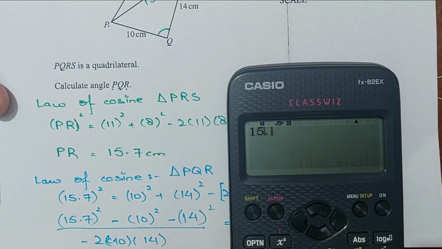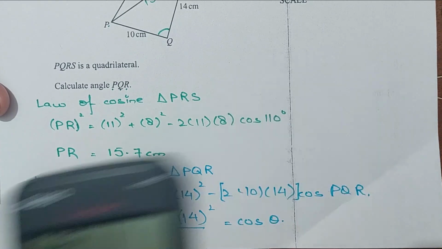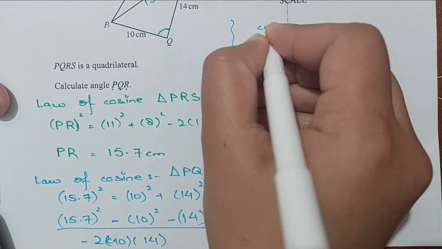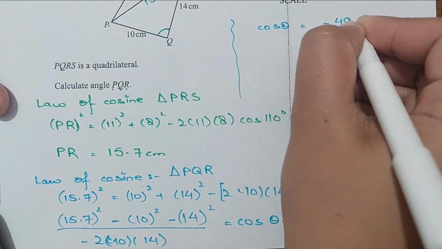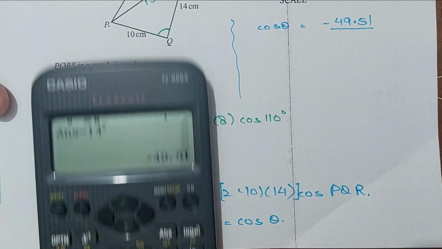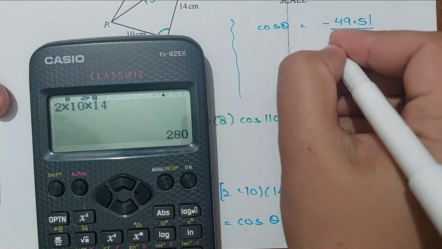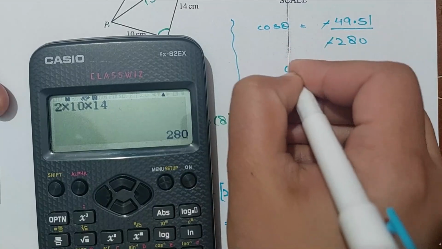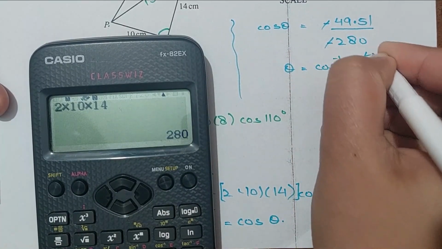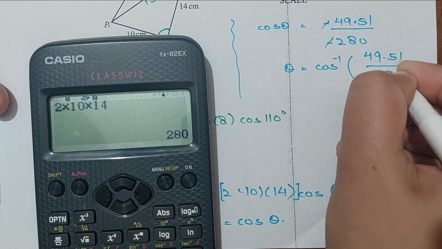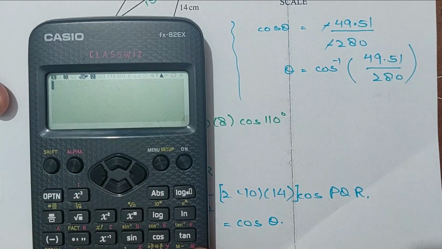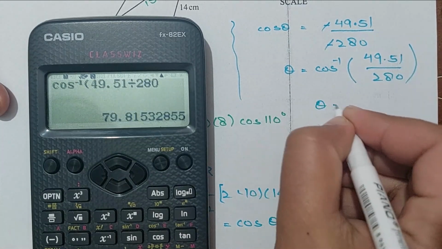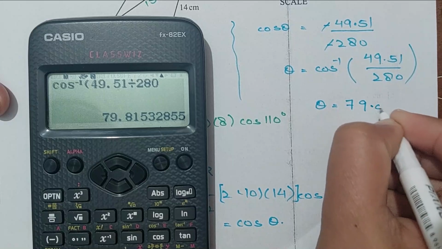Simplify: 15.7 squared minus 10 squared minus 14 squared is negative 49.51. So cos of theta is negative 49.51 divided by 2 into 10 into 14, negative 280. Negative is cancelled with negative. Solve for theta: cos inverse of 49.51 over 280. Theta is 79.8 degrees.